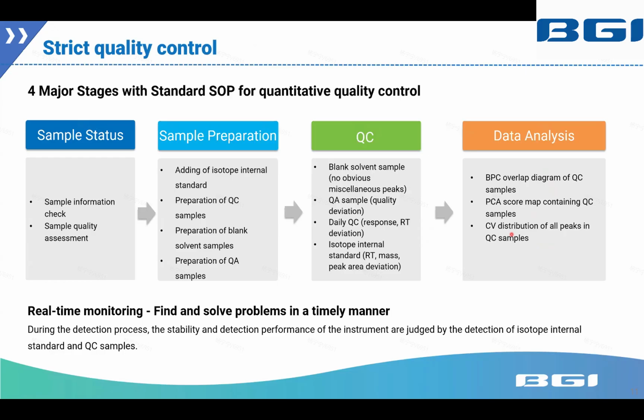There also is a real-time monitoring process to detect and solve problems in time. So this whole complete strict quality control process will ensure the reliability of the experimental data.